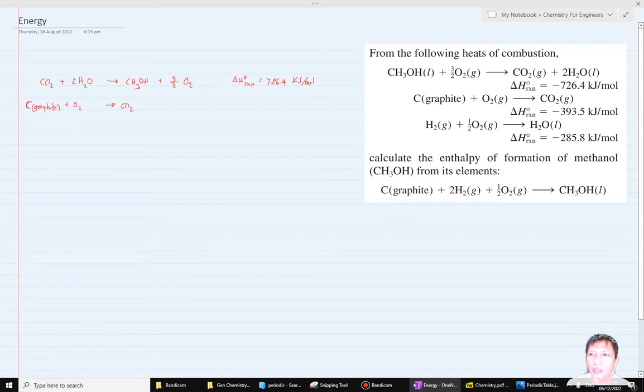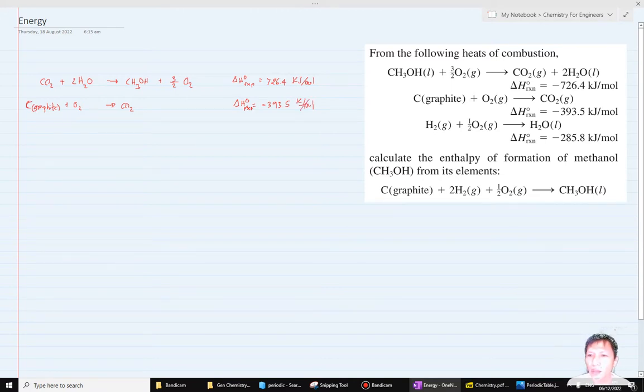The standard enthalpy of reaction is exothermic, a negative 393.5 kilojoules per mole. Okay?